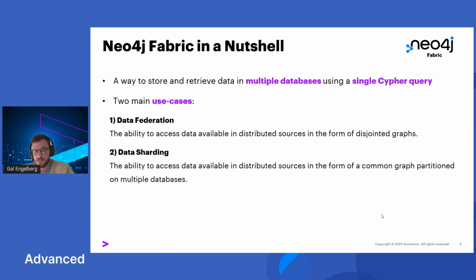The second use case is data sharding, which is the ability to access distributed data in the form of a common graph, which is partitioned across multiple databases. In that case, we have multiple databases with a single schema. In the showcase that I will demonstrate right away, we show how we use the data federation use case of Fabric.